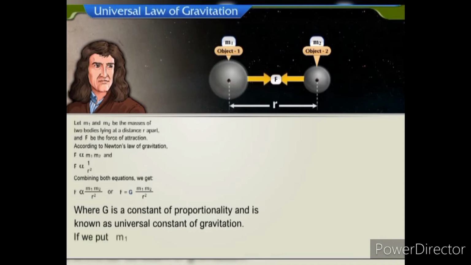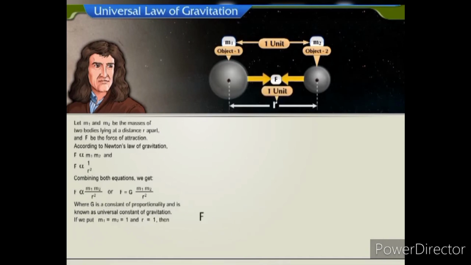If we put m1 is equal to m2 is equal to 1 and r is equal to 1, then F is equal to G multiplied by 1 multiplied by 1 divided by 1 square.